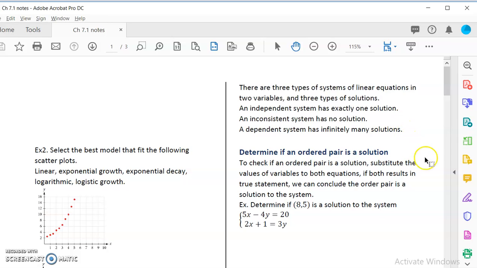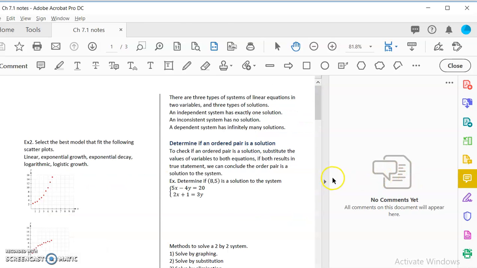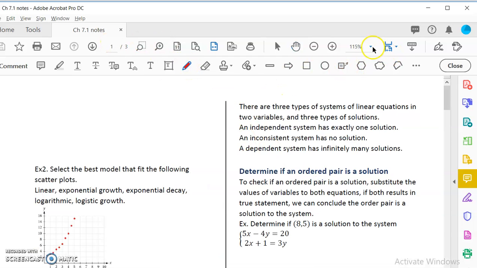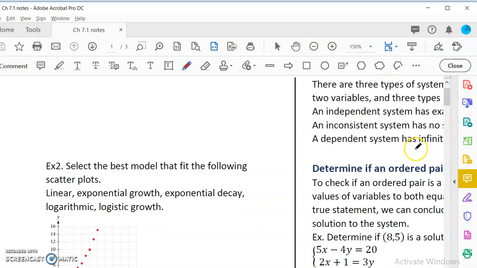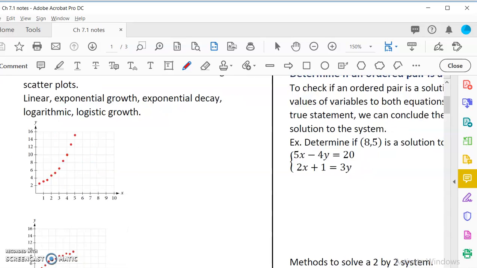The first thing we want to do, if someone writes a system of equations, is check if a particular set of numbers is actually a solution. Remember, the definition of a solution is that it has to satisfy all the equations.